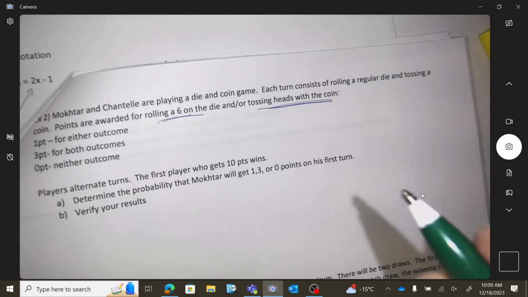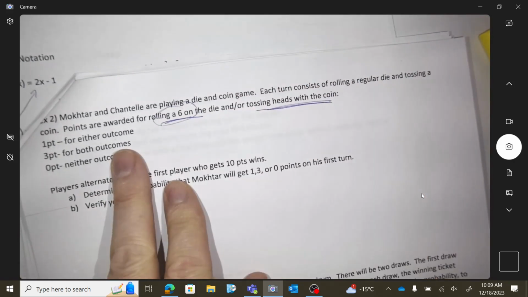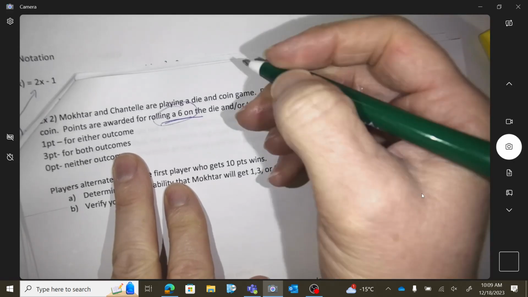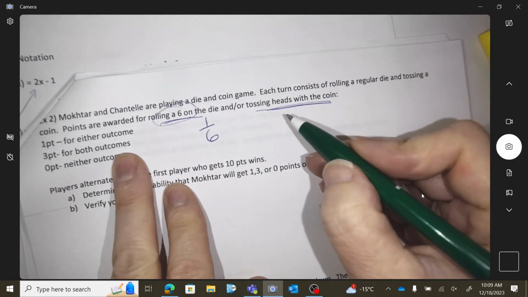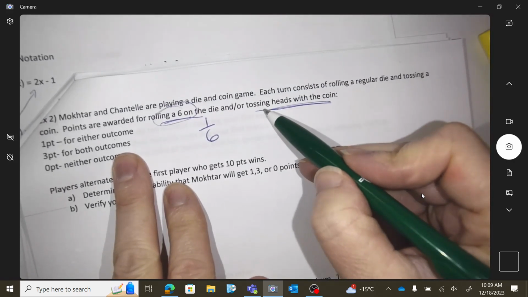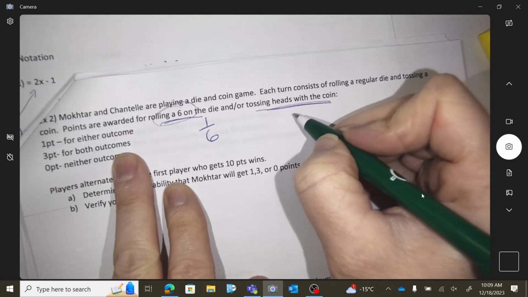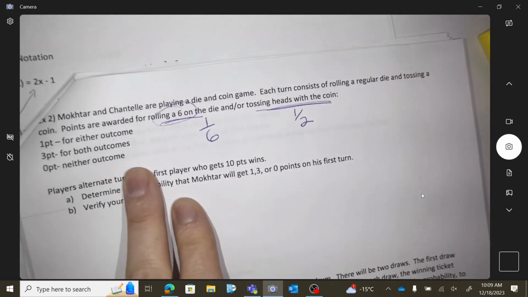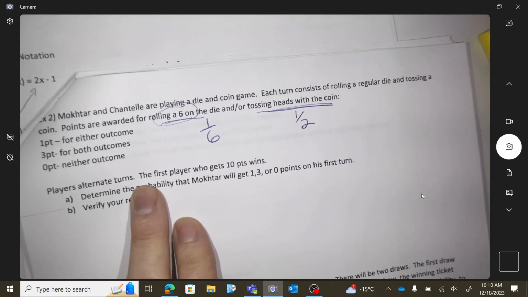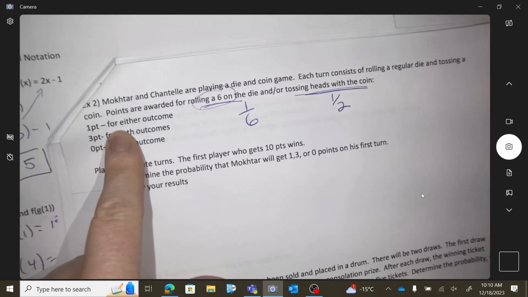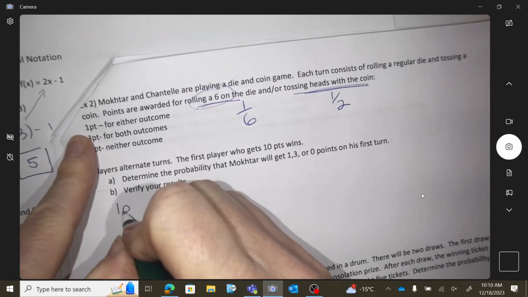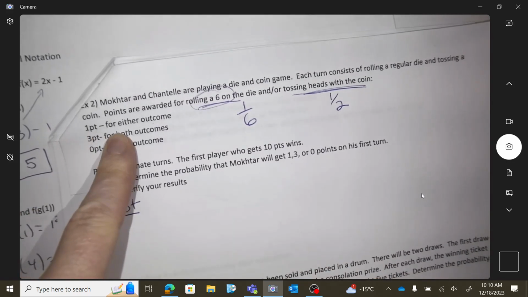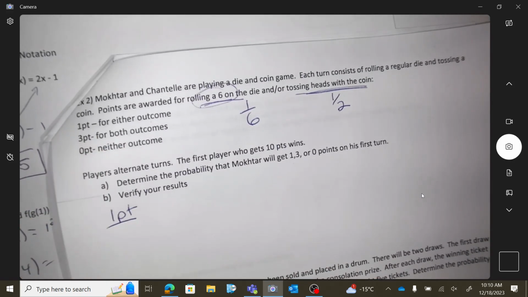Okay, so what's the chance of rolling a 6 on a die? 1 out of 6. And the chance of getting a head on a coin is 1 out of 2. Okay, so you get 1 point if either thing happened.